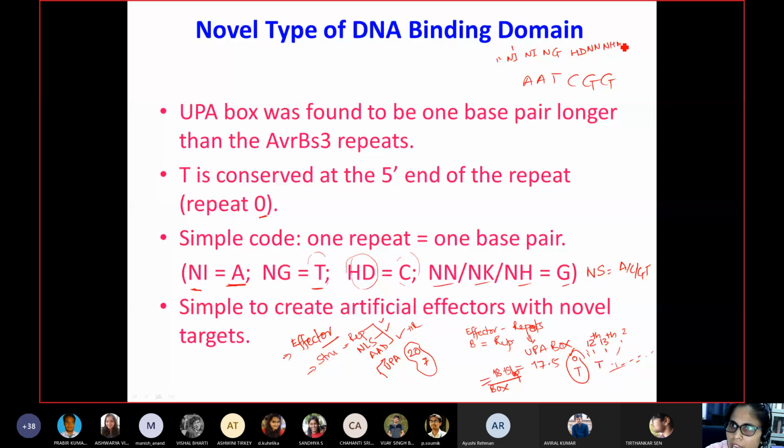So I am able to create my own repeats that will target this sequence, right? Now I have a novel way of targeting a gene of interest with a protein I have created artificially. You can define any sequence within the gene, and then try whether you are able to create a repeat for that kind of sequence.